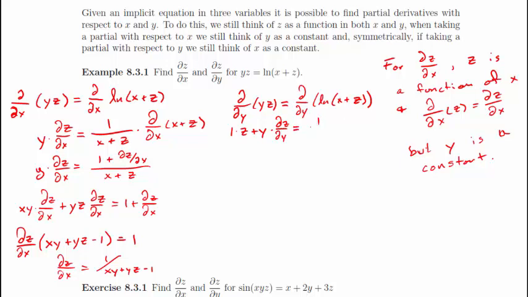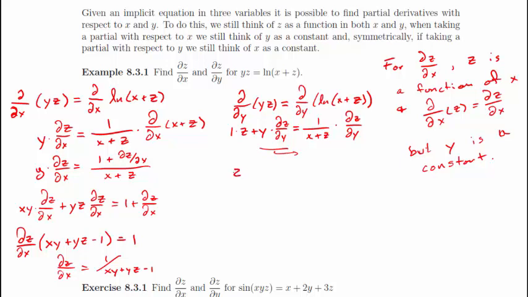This equals, over here we have 1 over x plus z times, I'm going to do this a little bit faster, the partial of the inside is the partial of z with respect to y. Let's kind of speed things up a little bit here. I'm going to move this y times partial of z with respect to y over to the right side.